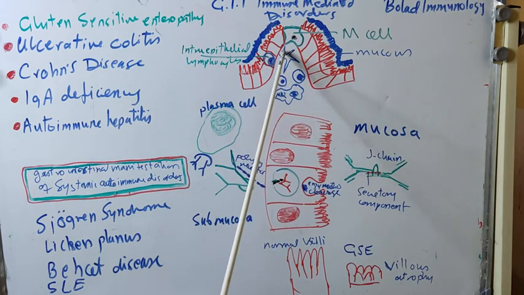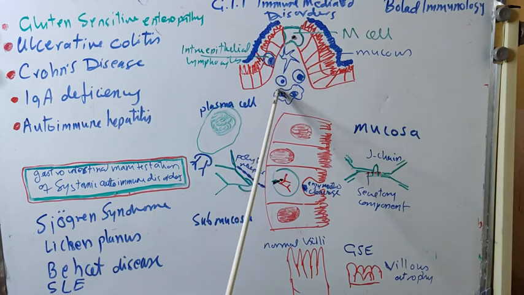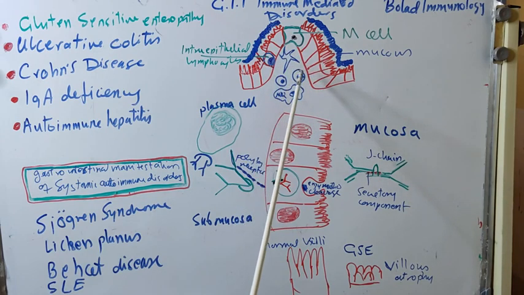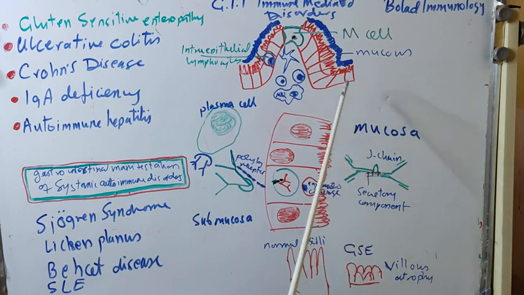These white cells separate from the lumen of the gastrointestinal tract, or they can be present in organized forms as follicles, and these follicles are located in the mucosa and extend to the submucosa of the small intestine, especially the ileum.